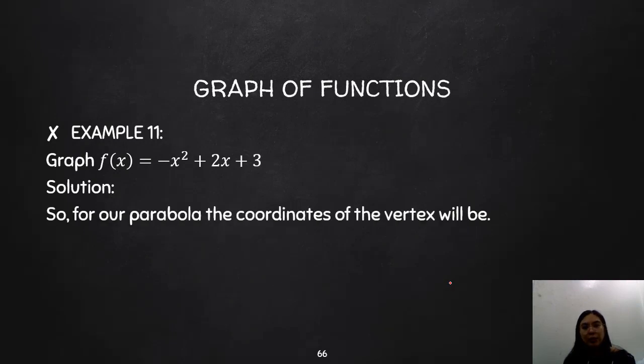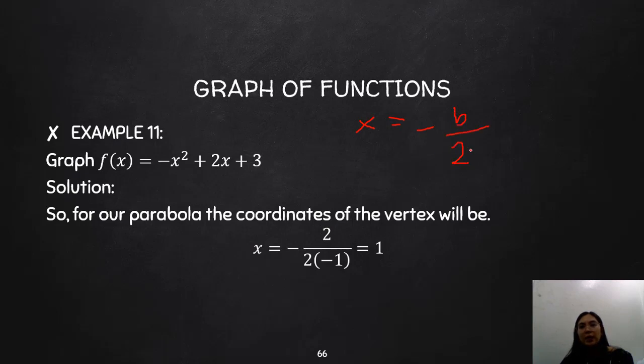So, for our parabola, the coordinates of the vertex will be x is equal to, di ba, negative b all over 2a. In this case, yung b mo is 2, and of course, yung a mo dito, di ba yung coefficient, which is negative 1.